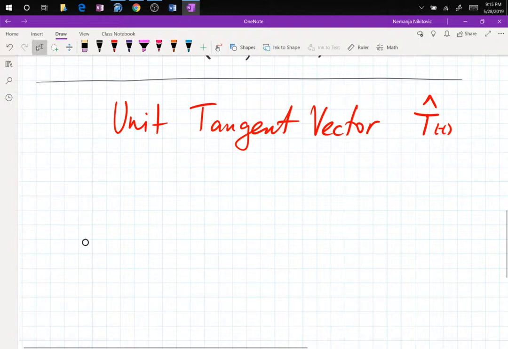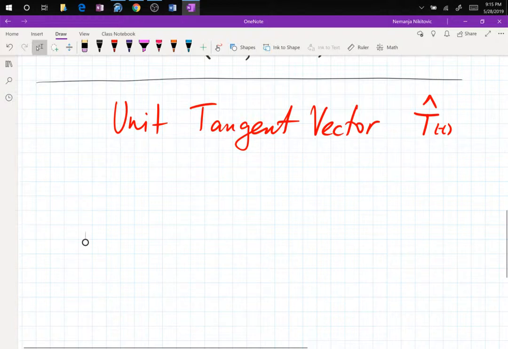We know that when we take the derivative of the function, we get the derivative function, which we can use to calculate the slopes.